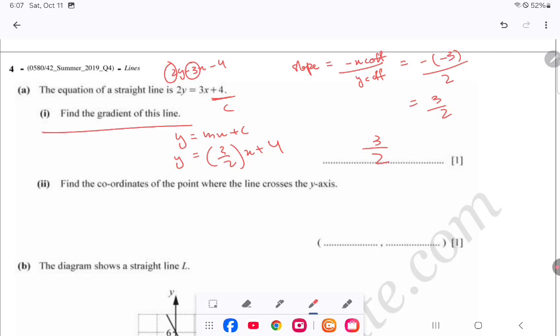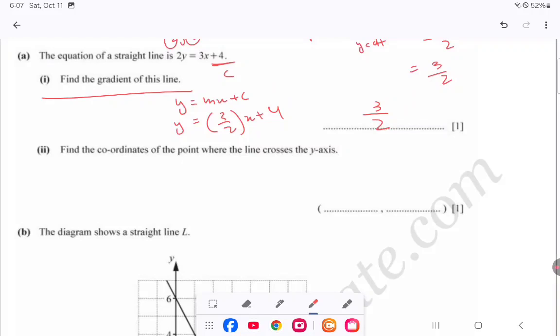Now find the coordinates of the point where the line crosses the axis. For the line crossing the y-axis, there is no part present on the x-axis, so x will become 0.